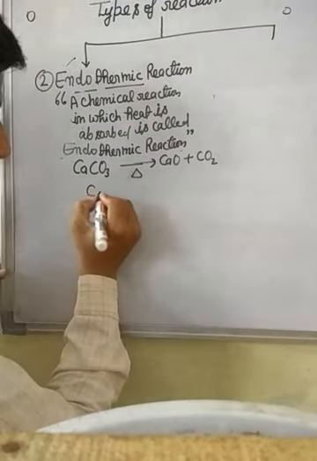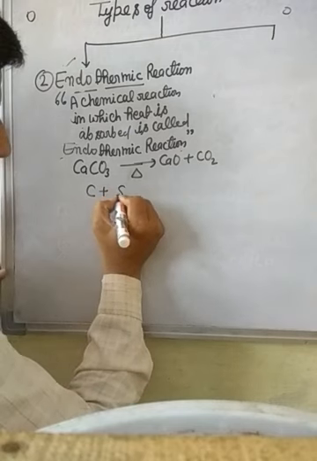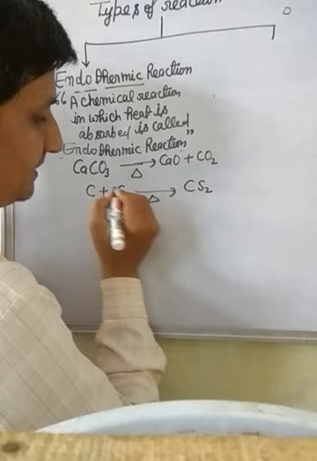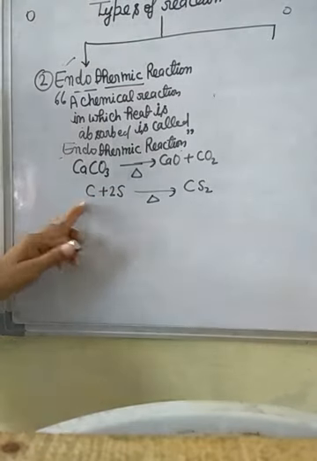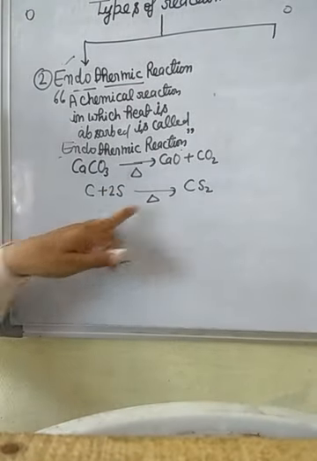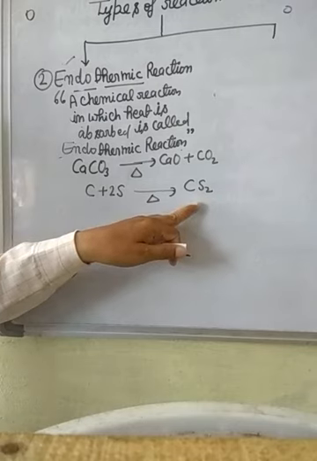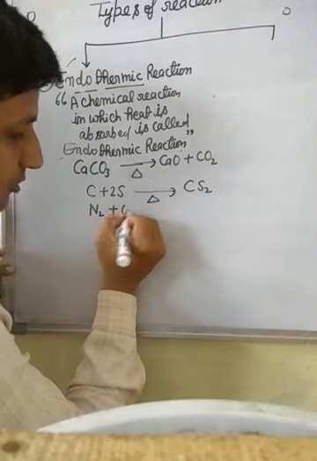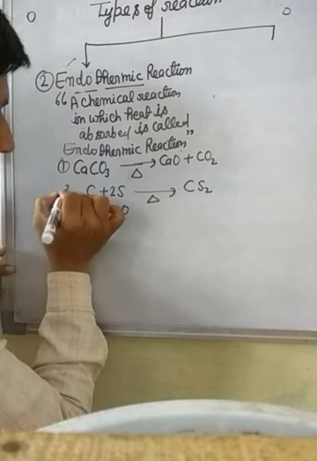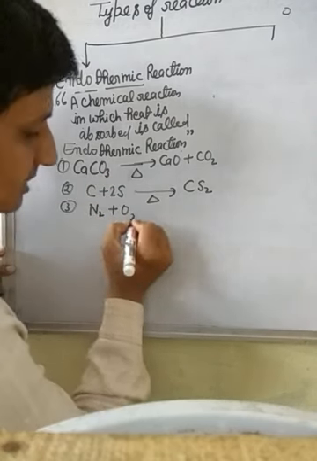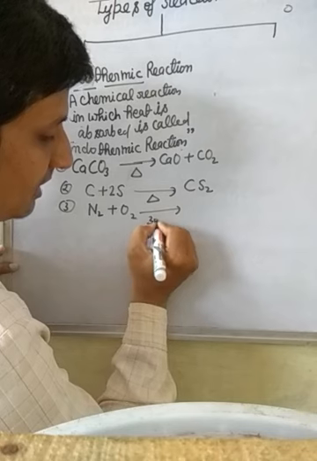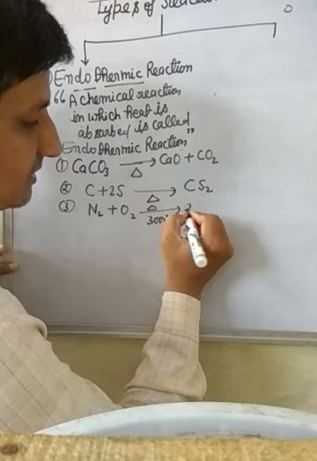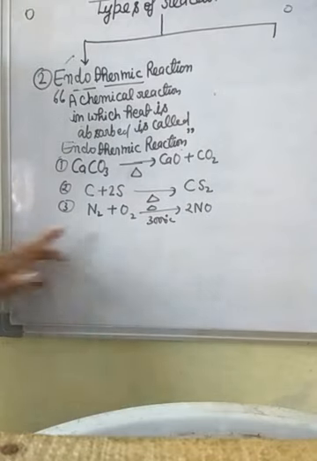Second example, when carbon and sulfur are heated at high temperature, then carbon disulfide is formed. Third, when nitrogen gas and oxygen gas are heated at high temperature, about 3000 degrees Celsius, then nitric oxide gas is formed.